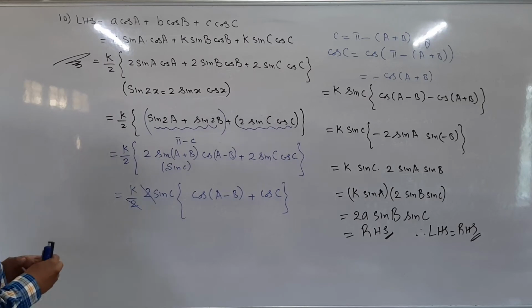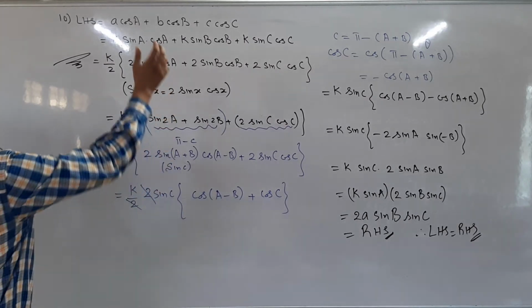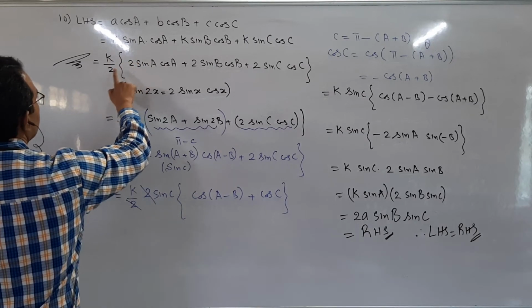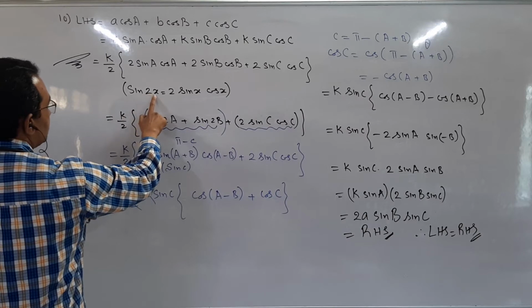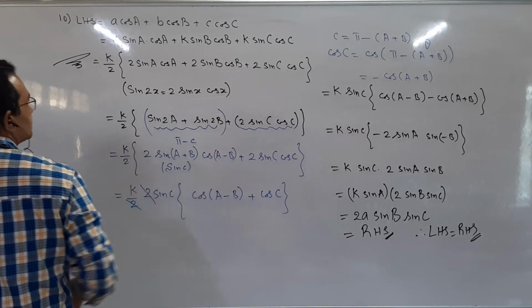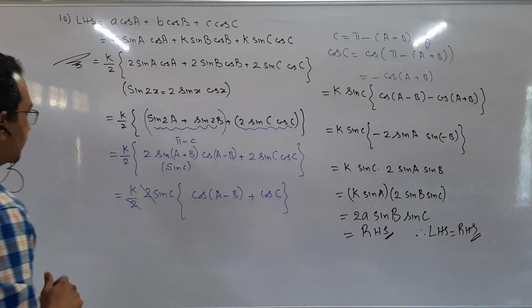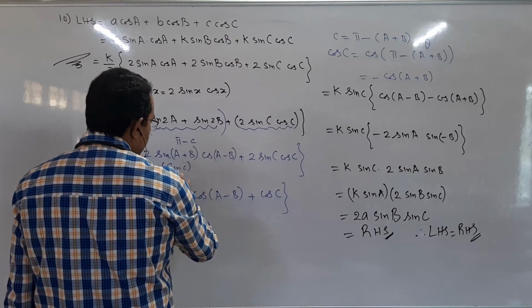So, there are three decisive steps in the sum. First, multiplying and dividing by 2. The logic is to apply the formula of sin 2x, which is 2 sin x cos x. Second, keeping this as it is, to take 2 sin C common.